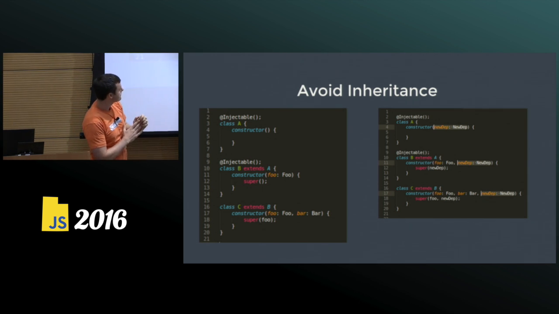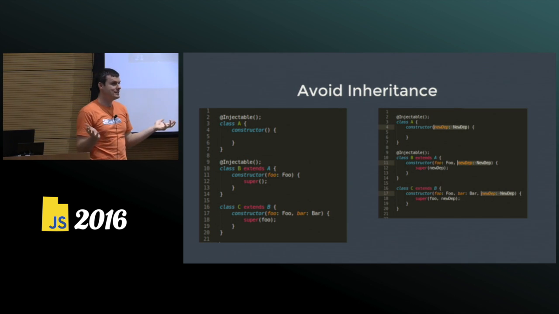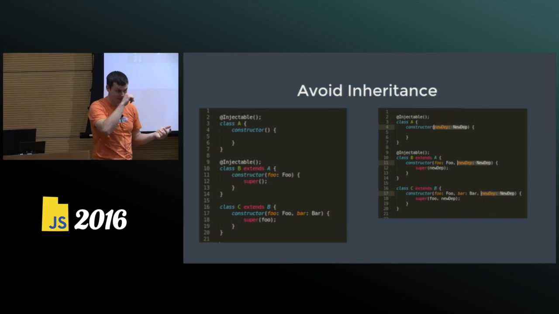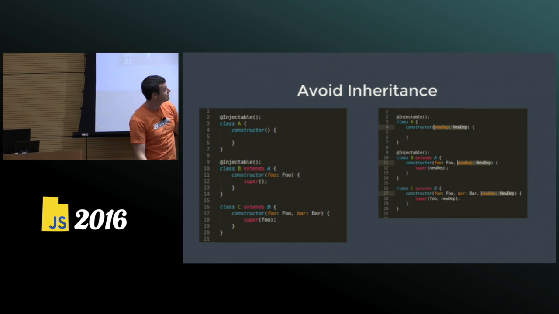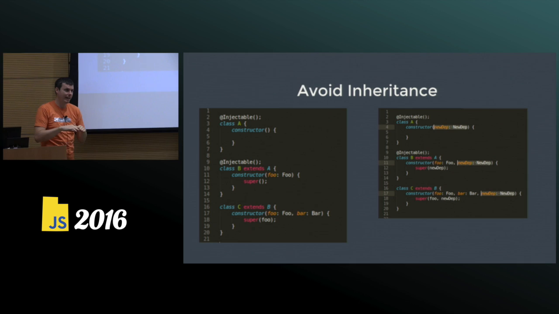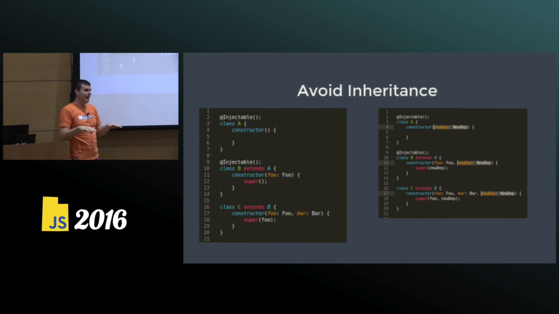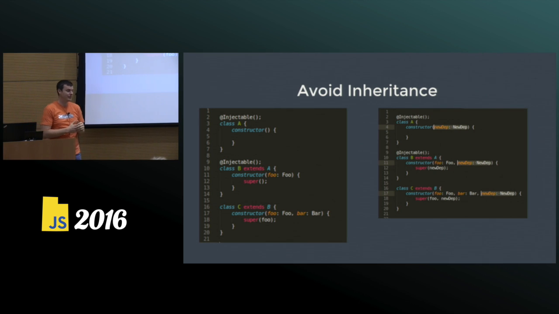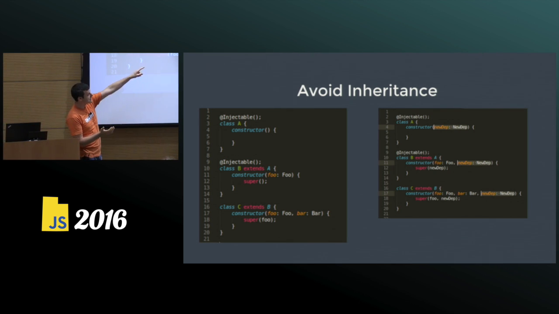And so what happens when you need to add a dependency to class A? Well, you can see over on this side what that does. Now you have to go in every single subclass of A and all of its subclasses and add that dependency in, right? And it quickly becomes a huge pain when class A may downstream have like 12, 30 subclasses.